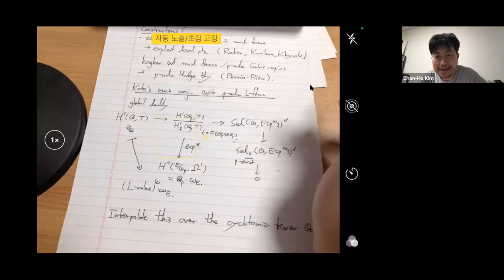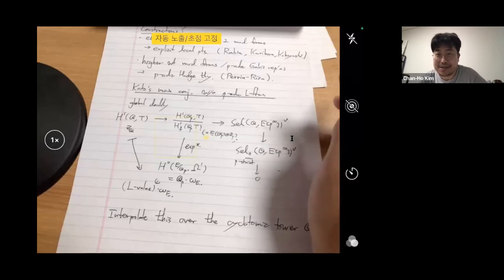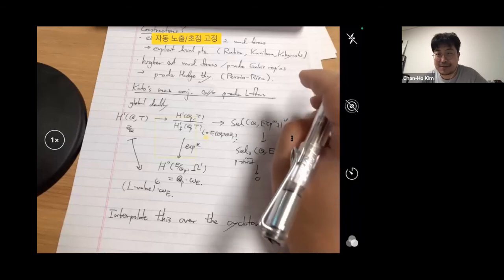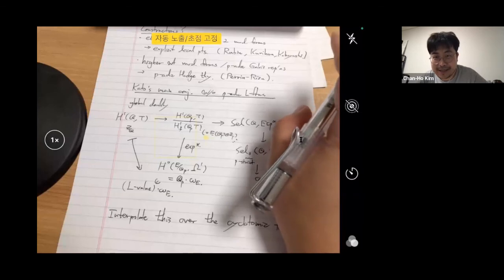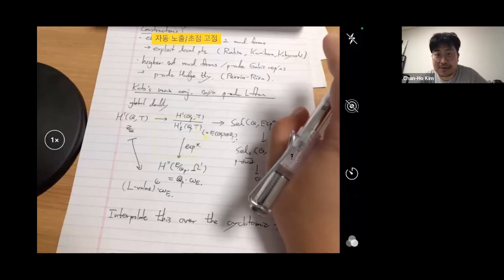And you're referring to Bloch-Kato Selmer groups. For a general Galois representation we use the Bloch-Kato Selmer groups, but in the case of elliptic curves we can just use the usual Selmer groups, and they are the same in this situation.